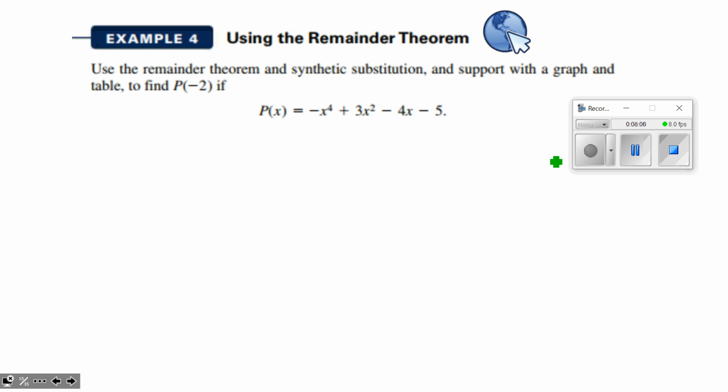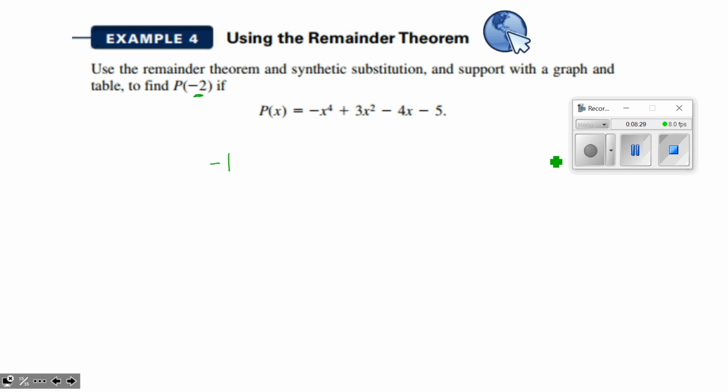Okay, so one important idea from this section is something called the remainder theorem. So the remainder theorem is actually an easy way to figure out if something is a 0 or to even find out certain values of a function. So if I'm trying to figure out if -2 is a 0 of this function, I can use synthetic division.